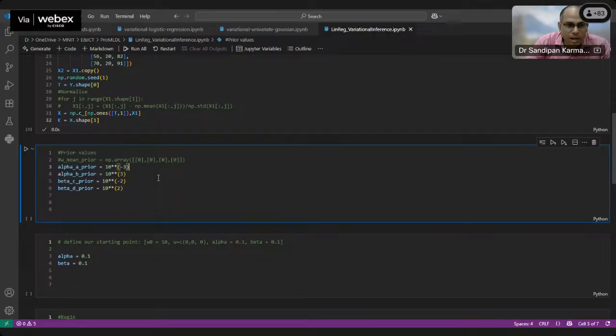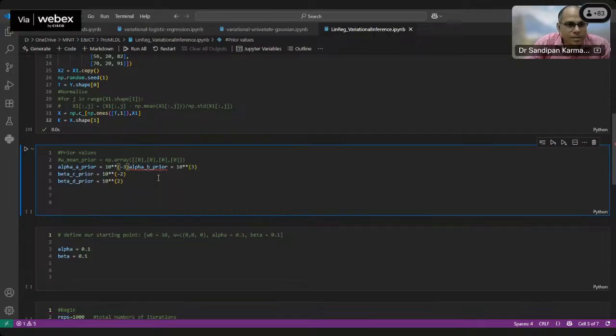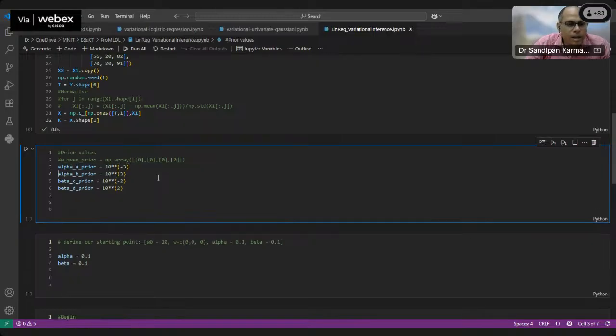Now here are the hyperparameters I am selecting. This is the prior on the mean, so an E value, C value, and D value. The first one is basically the model.